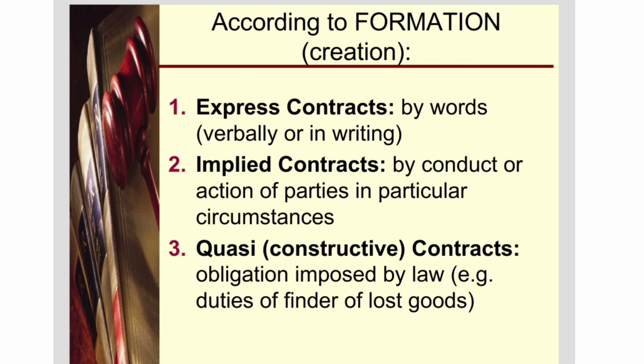So obviously when a person is unconscious, they are not in a position to give their express or implied consent. So please be very clear about this, that this kind of a contract is a quasi-contract and not an implied one. Why? Because you're not expressing your agreement to be taken to the hospital even by your conduct or action, because when you're unconscious, you're not going to be able to imply anything, far from obviously expressing anything.